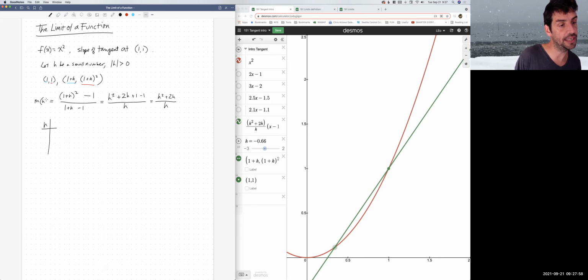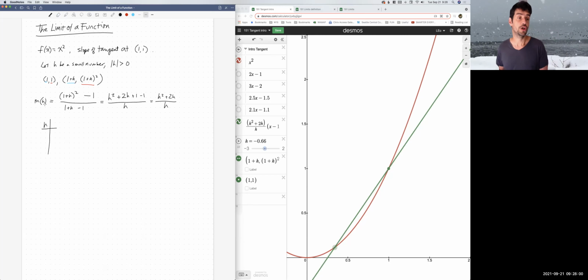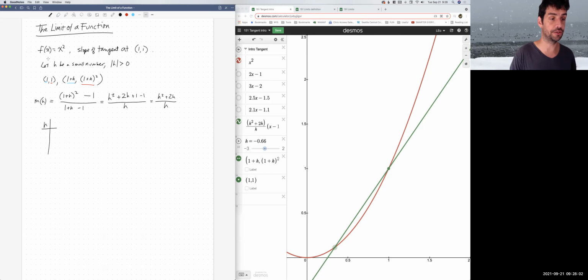Notice depending on what h we choose, we'll get different values for the slope. So here's h, here's m of h. Let's say we started with 1. If you put 1 into this equation, you'll end up with 3.